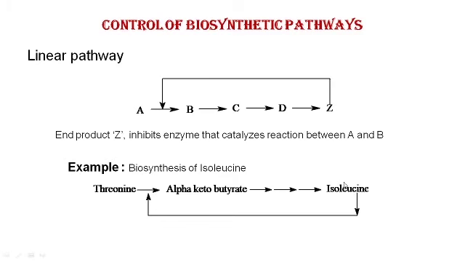So till the synthesis of those proteins is going on in the cell, there is a demand for isoleucine. So the isoleucine formed by this pathway will be channeled to the synthesis of the different proteins. But when the synthesis of these proteins stops or is reduced, the demand for isoleucine will reduce.